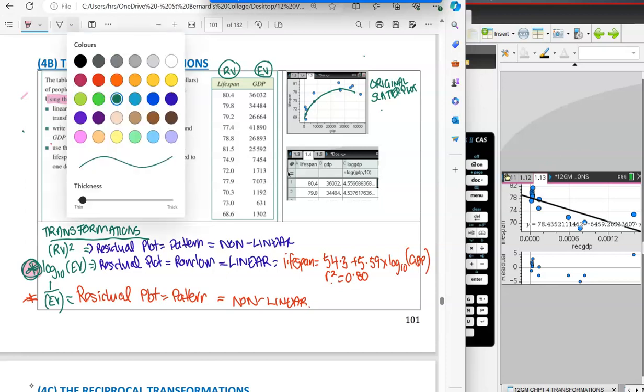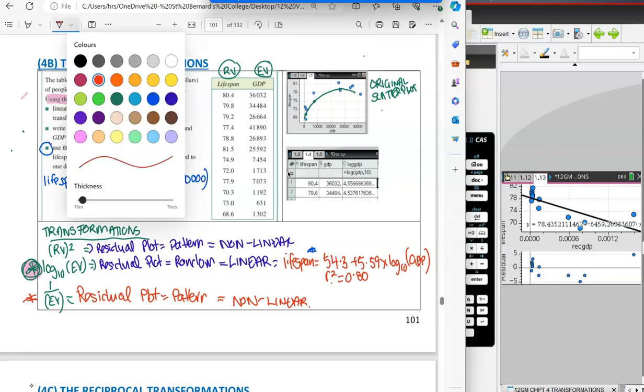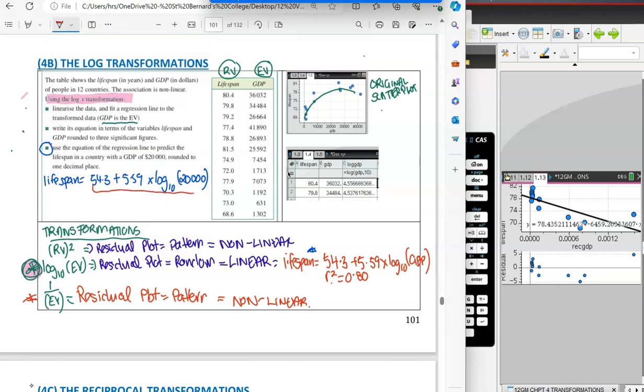Right, the next part here, down here, they said use your new equation to predict the lifespan of a country with a GDP of 20,000. So what you're going to do is use your new formula. So I'm going to say lifespan equals 54.3 plus 5.59 times, now I have to log 10 that GDP, which was 20,000. So what you're actually typing into the calculator when you're predicting is this amount here.